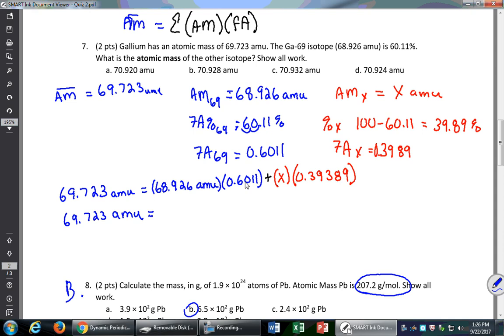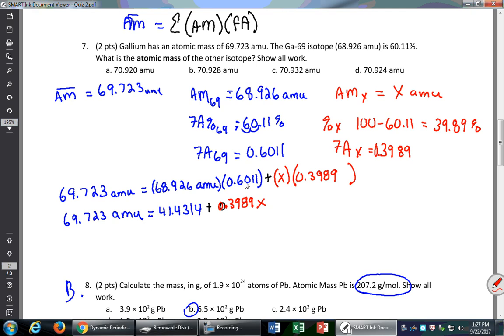So if I multiply 68.926 times 0.6011, I get 41.4341 plus 0.3989. And I'm just going to put my X here. Because that's the way I like looking at algebra problems.